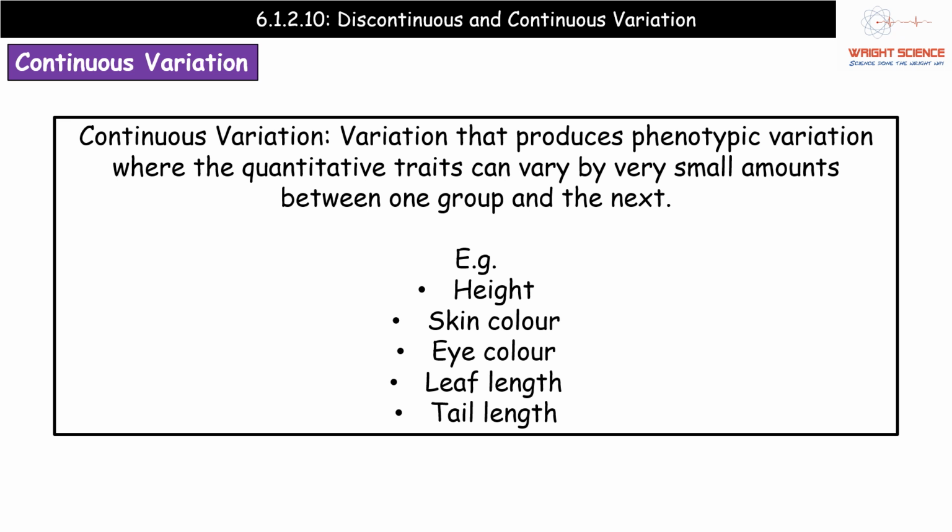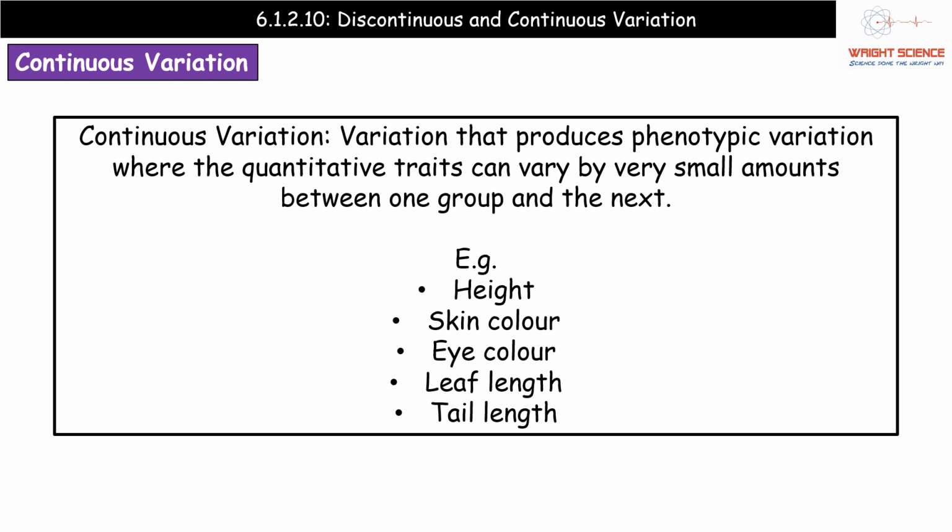we could have a huge number of potential intermediates because they just flow from one to the next. And I've given you some examples here where you can get that idea. So height, it's not a case of you are either 5 foot or 6 foot. You are maybe 5 foot 5.5. So there's a whole range of little intermediate values that we get there.